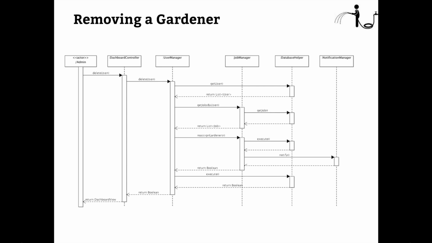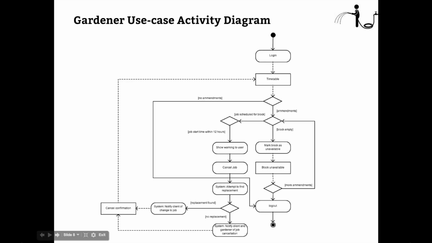The job manager would attempt to do that just like it would to schedule new jobs and notifies all new gardeners assigned with jobs. Finally, the job manager returns and the user manager can now proceed to delete the user from the system. The dashboard controller finally returns the dashboard view with the list of users updated to reflect the removal of the user from the system.